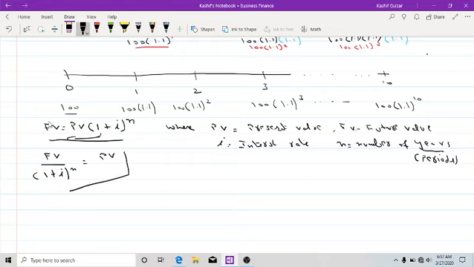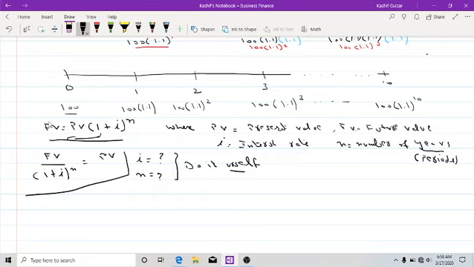In the same way, I can derive equations for i and for n. Do it yourself, explore these problems. So this is one type of question.